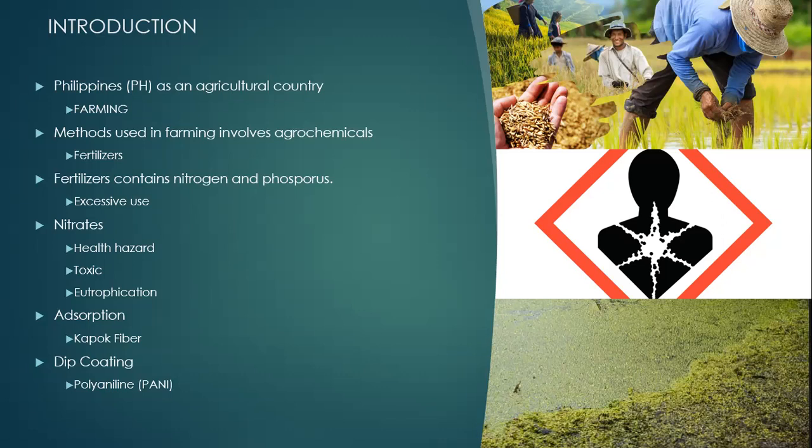And with agriculture, so basically with farming and agriculture, they use fertilizer. So, kahit tanggalin tong or modify tong methods used in farming, kahit wag nang involves agrochemicals. So, lagay na lang for farming methods involves fertilizers.